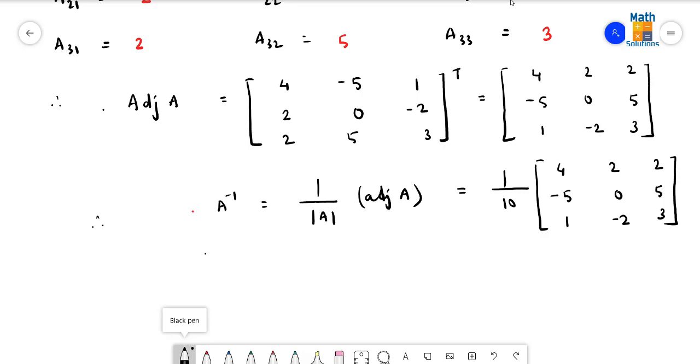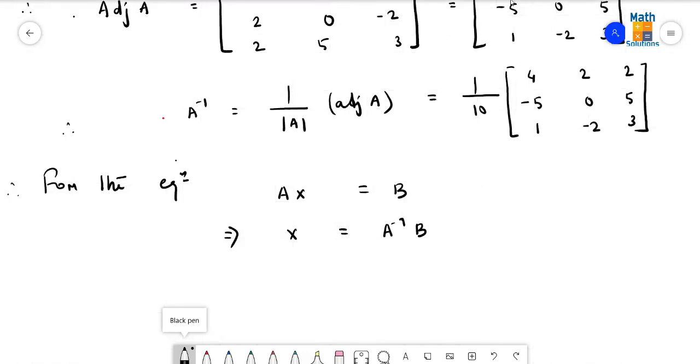Now let us come to the equation. Therefore for the equation AX is equal to B, we have X equals A inverse B by pre-multiplication with A inverse. I get here X is equal to 1 by 10. In matrix notation, it will be 4 2 2, then minus 5 0 5, then 1 minus 2 3.